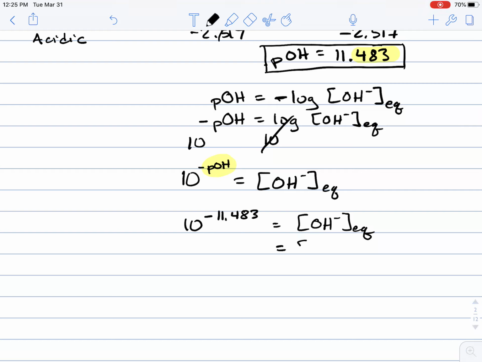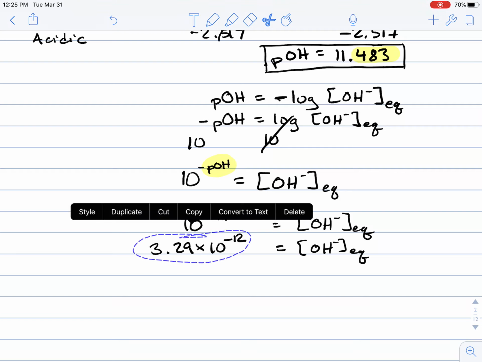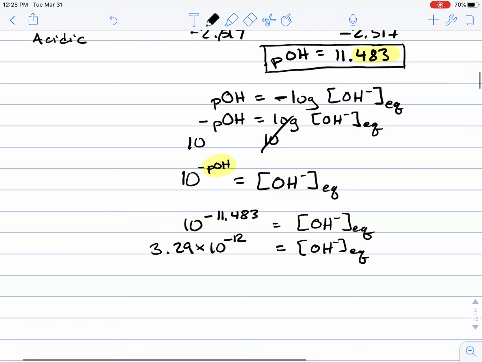And so the concentration of OH minus at equilibrium is going to be 3.29 times 10 to the negative 12. Since we're talking about concentration, I'm going to move this over here. We need to write in the correct unit for concentration, which in this case is molarity.